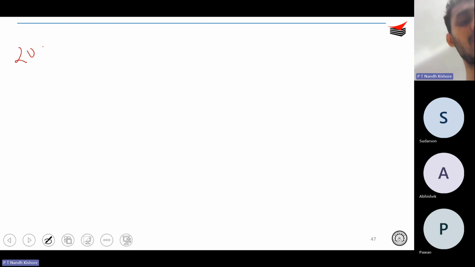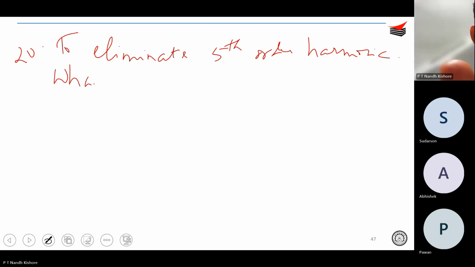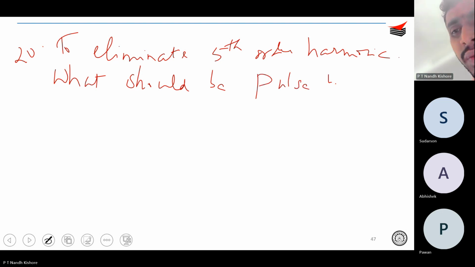Okay. So to eliminate fifth order harmonic, what should be the pulse width? We saw earlier, right?